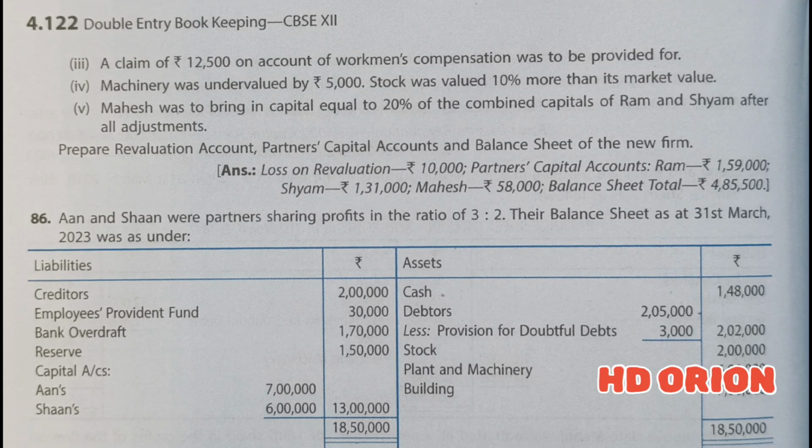It means the capital which is given in the balance sheet in the question is not the capital on which 20% is to be calculated. 20% is to be calculated after all the adjustments of admission of a partner are done. Then the closing capital balances of the old partners will be added together and 20% of it will be brought by the new partner. That's the thing.